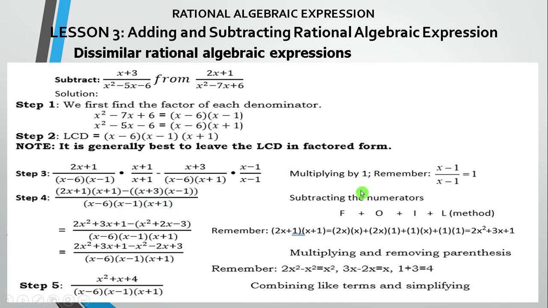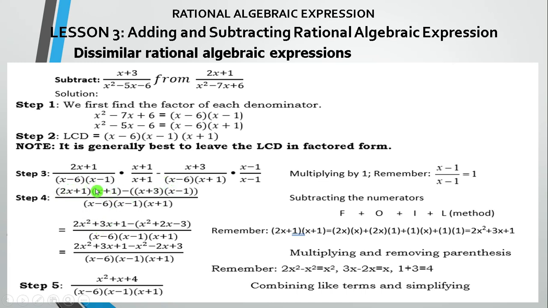Okay. So, we can now subtract the numerators. Okay. So, combine like terms. Diba? But this time, what we're going to do is we will use the FOIL method first because this is a binomial. This is also a binomial. So, we will distribute.